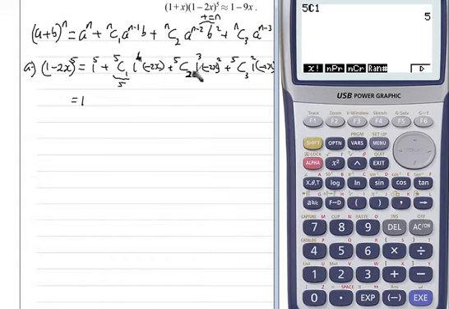Let's calculate 5C2 as well. 5C2 is equal to 10. Let's calculate 5C3. 5C3 is also 10. So we calculated the values from the calculator.